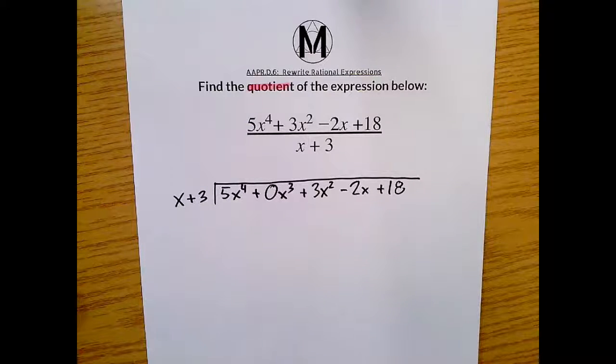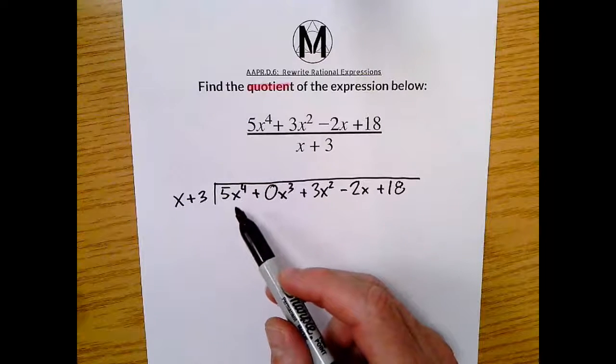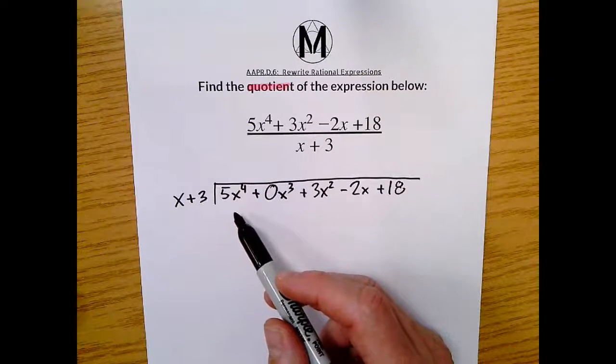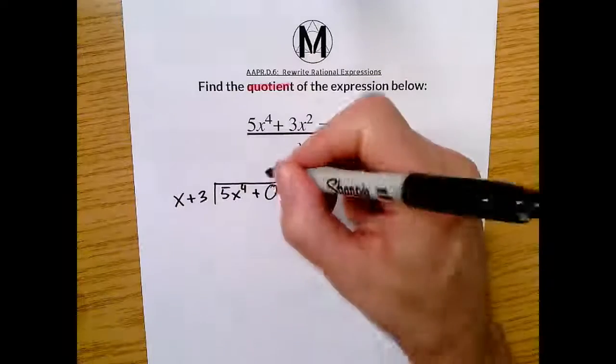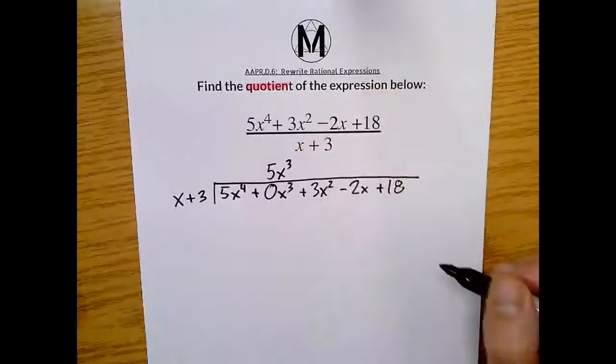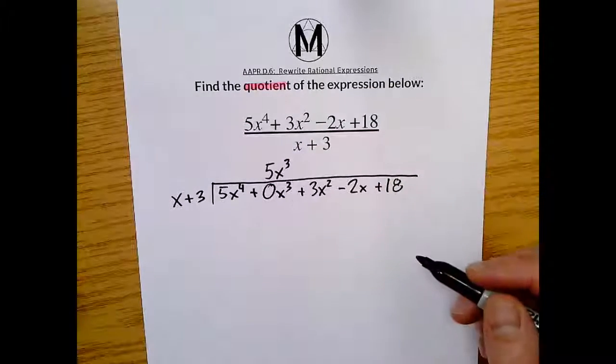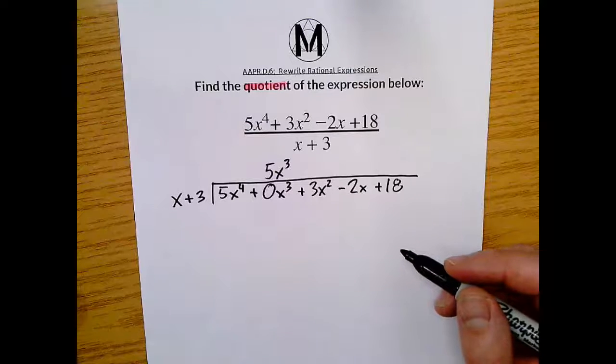And so step one, we ask the question, what does this x have to be multiplied by to become 5x to the fourth power? And the answer is it multiplies by 5x to the third power. So that's what I write right here, 5x to the third power. And you can see I'm lining up my degrees. That just helps keep everything nice and organized.